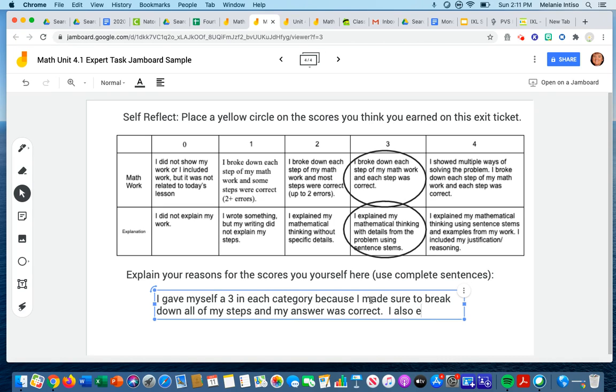I also explained my reasoning for both problems and used sentence stems to explain.